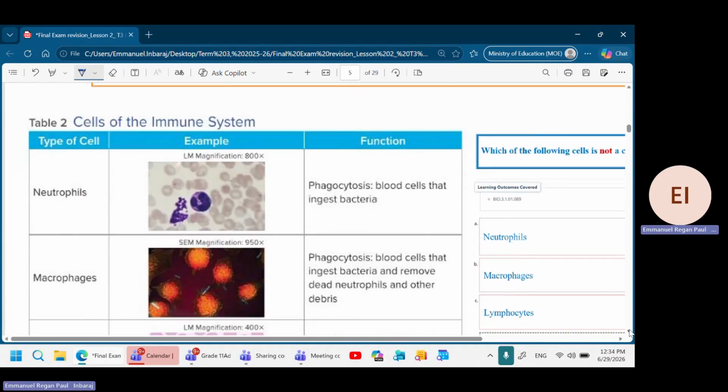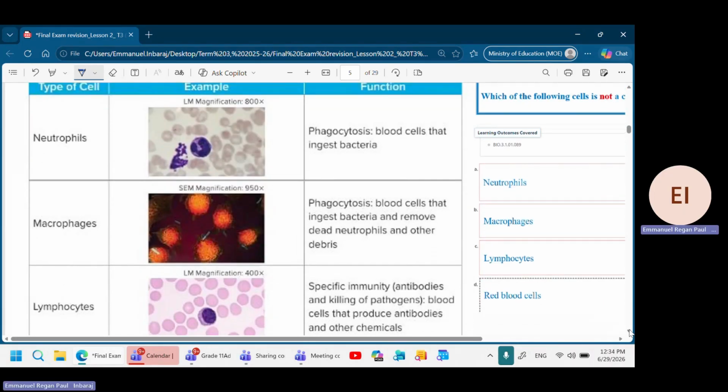All these 3 are WBCs. The 3 cells are neutrophils, macrophages, and lymphocytes. Number 1, neutrophils. Number 2, macrophage. Number 3, lymphocytes. Remember the order. You can remember as NML.